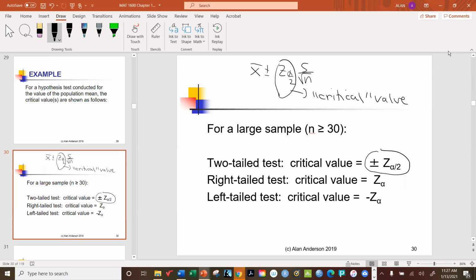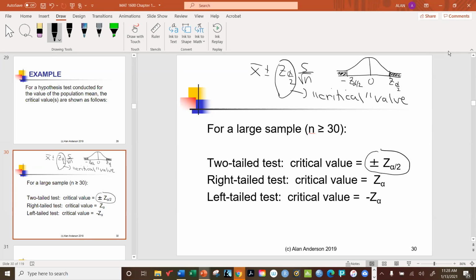So z alpha over 2 means you're looking at two z-scores. That means if your test statistic lands in either of these two shaded regions, you're going to reject the null hypothesis.